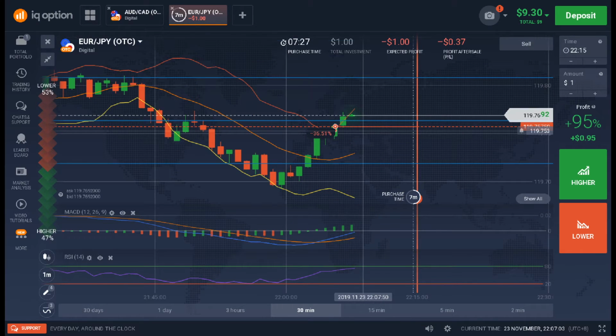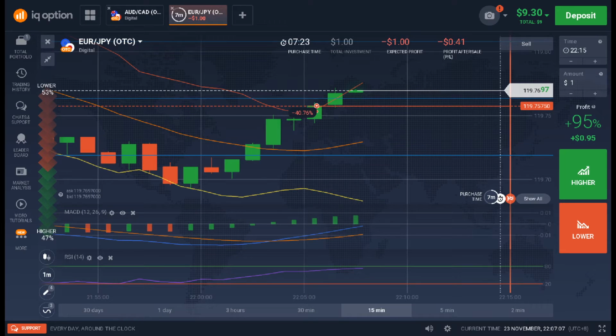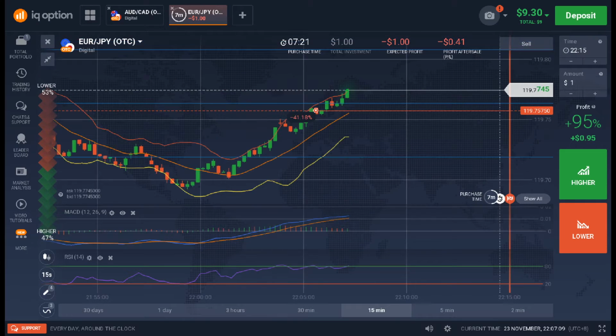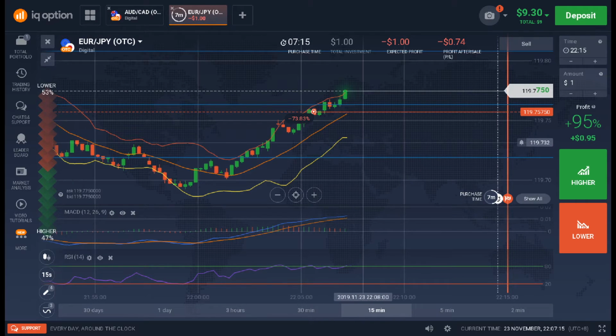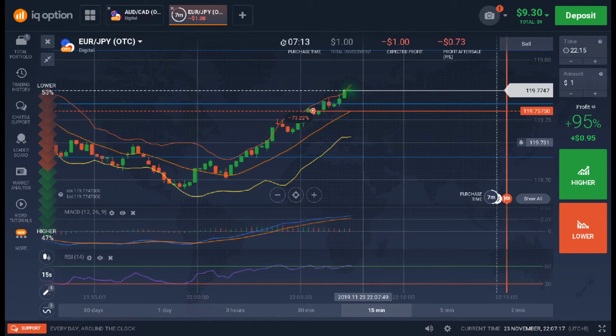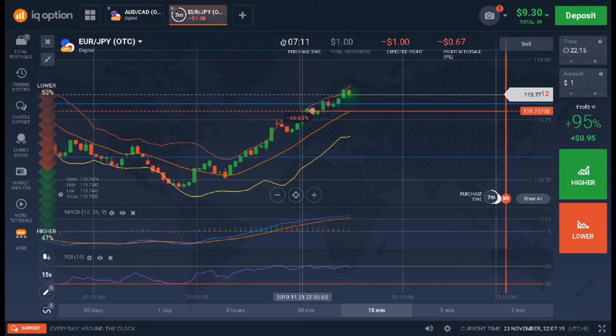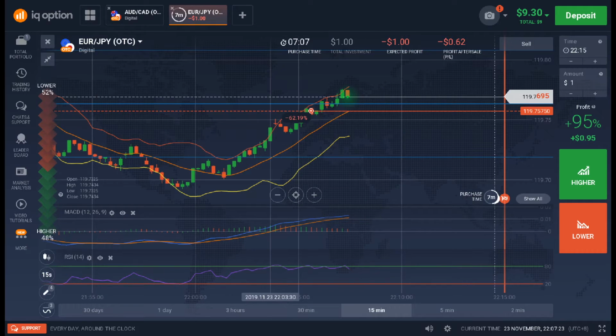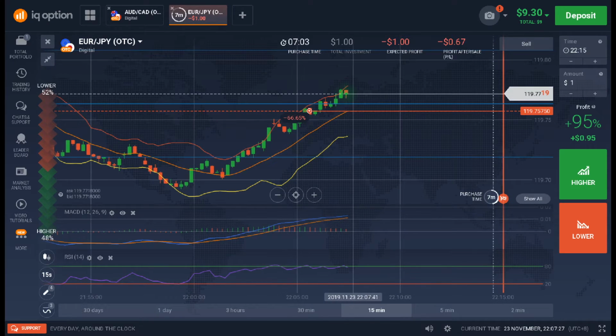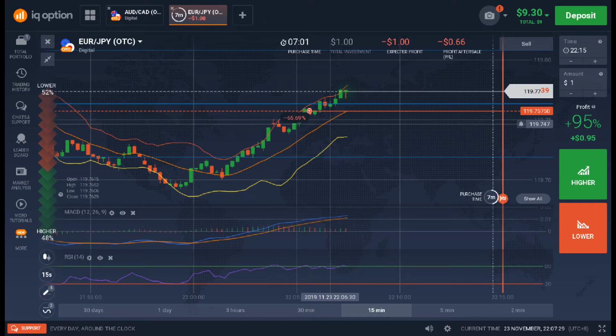Let's see the 15-minute chart. Hopefully it, because look at our RSI over here starting to show some signs of weakness, but I think we got in too early.